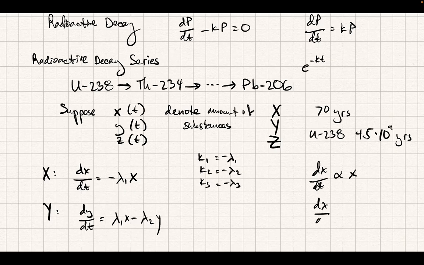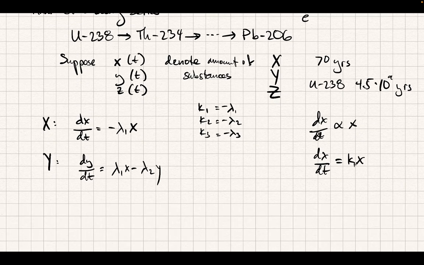The upgrade from a proportionality to equals through the use of a constant has not changed. The only thing that's changed is to make this more readable and more intuitive: I'm going to include a minus sign for things that are shrinking. Why is lambda 1...? This is exactly what I want you to think about.